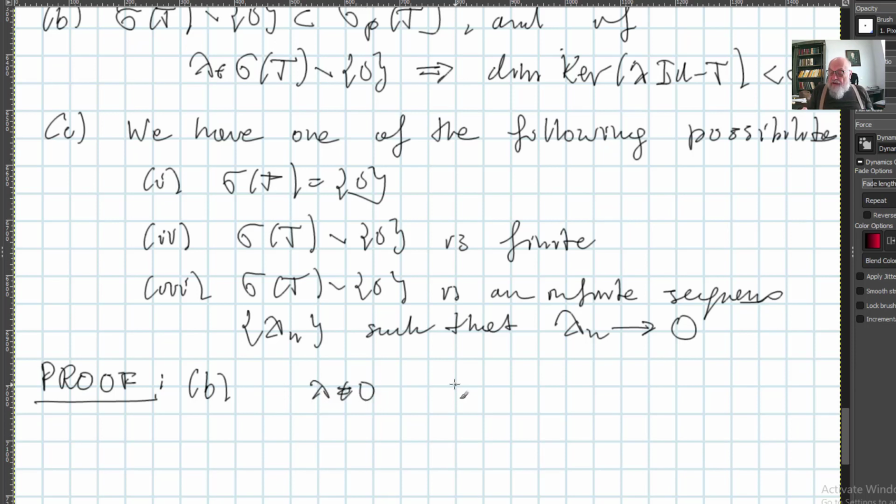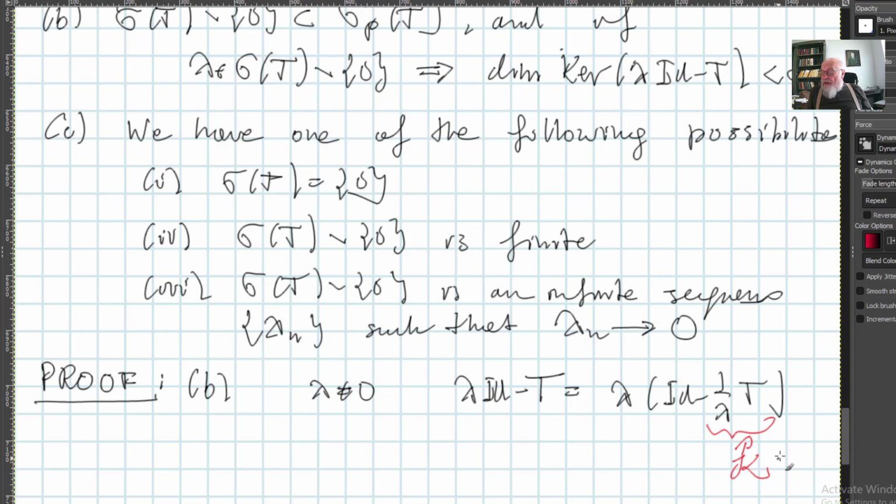Assume that lambda is not equal to 0, then you have lambda identity minus T. This is the same as lambda times identity minus 1 over lambda T, and this T is a compact operator, belonging to the compact operators K of E. So if this operator is not an isomorphism, by the Fredholm alternative, it has a kernel.